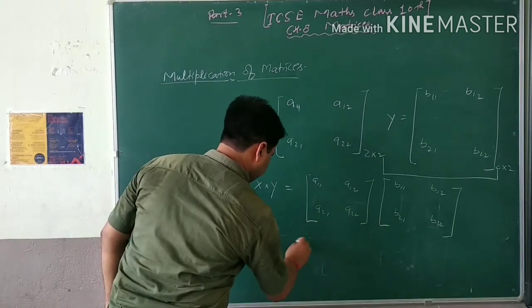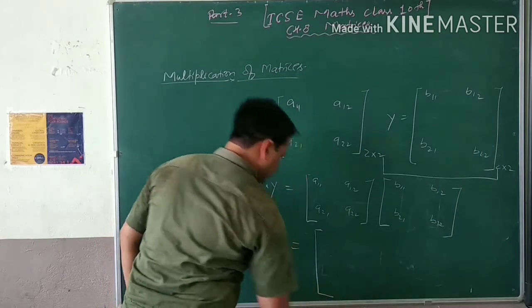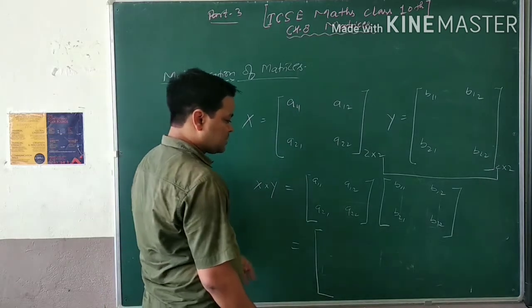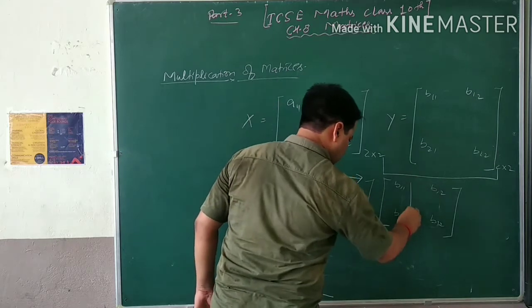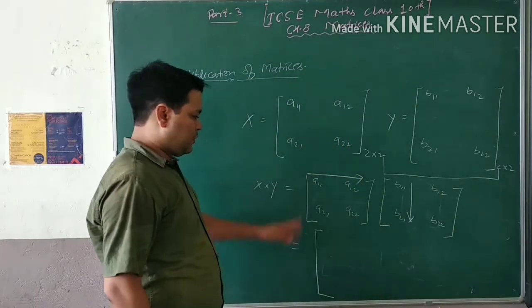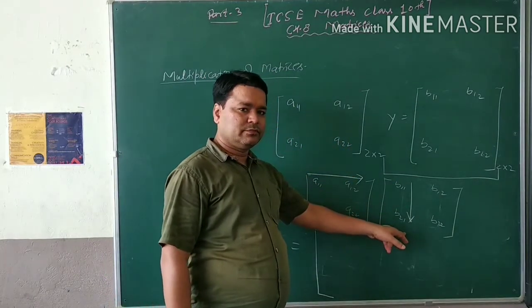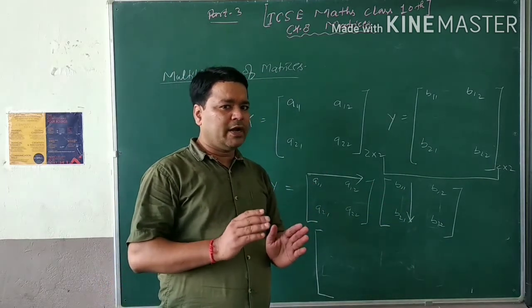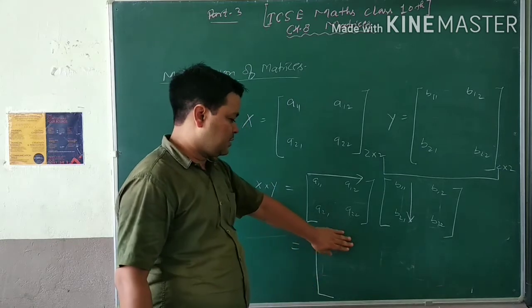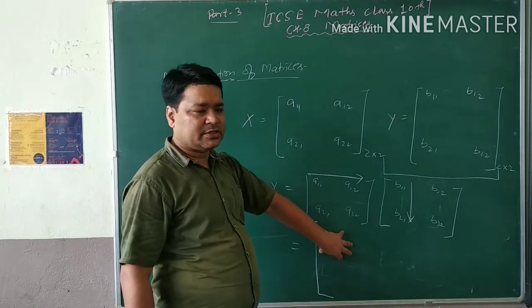Then how do we write it? Try to understand. This is very important. We just take the first row and the first column. First row and first column. That will be the first row and first column element of the resultant matrix.